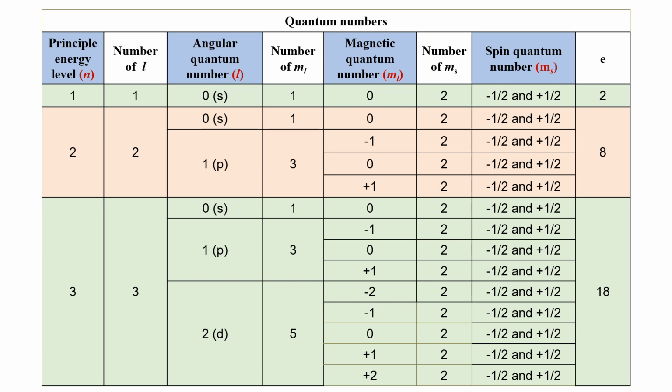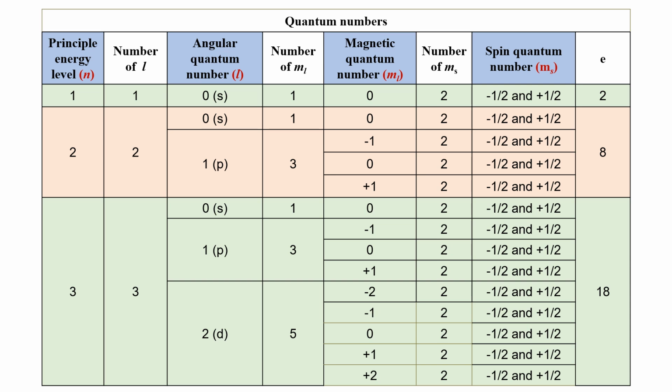This angular quantum number is represented by 0, and a 0 angular quantum number, or azimuthal quantum number, contains only one magnetic energy level. This is represented by 0, and this one magnetic quantum number contains two spin quantum numbers. They may have plus half and minus half. Therefore, the total number of electrons that can exist in principal energy level 1 is 2.